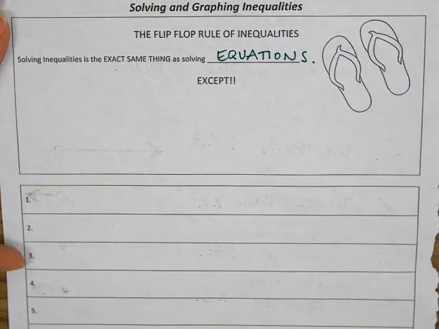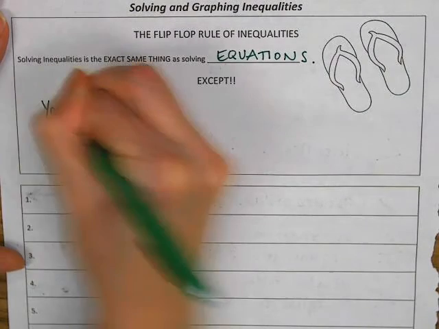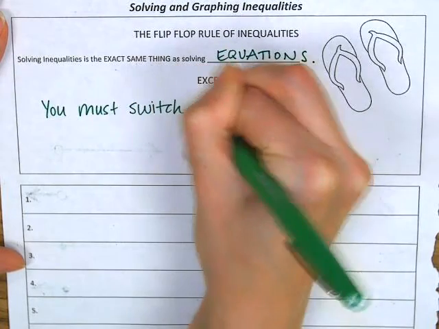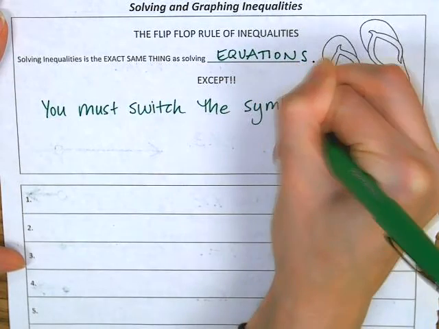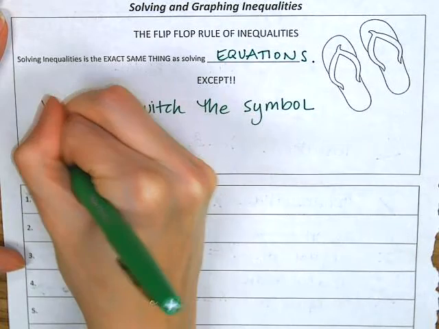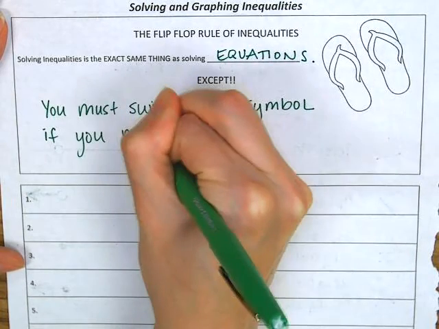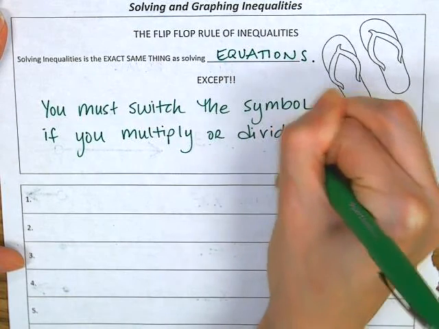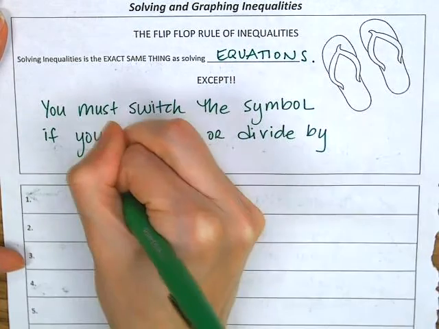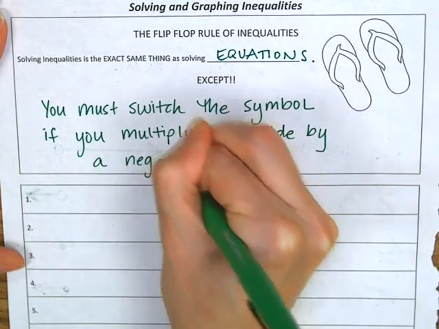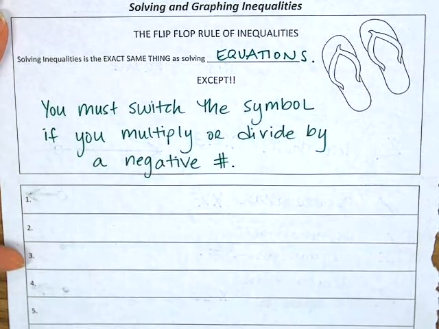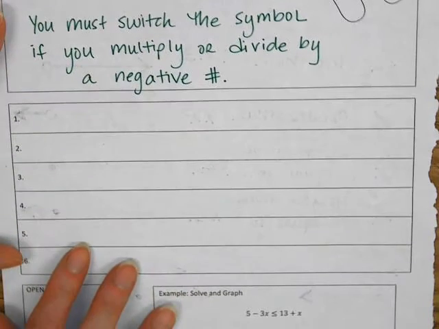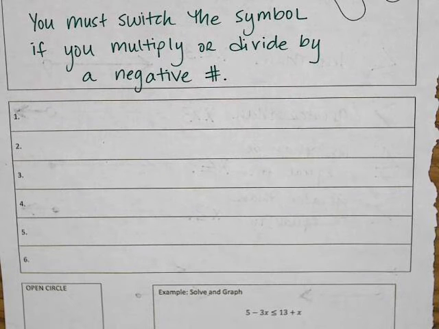The one rule is you must switch the symbol if you multiply or divide by a negative number. Again, I'll explain that more in class. But whenever you multiply or divide by a negative, you must flip the symbol.